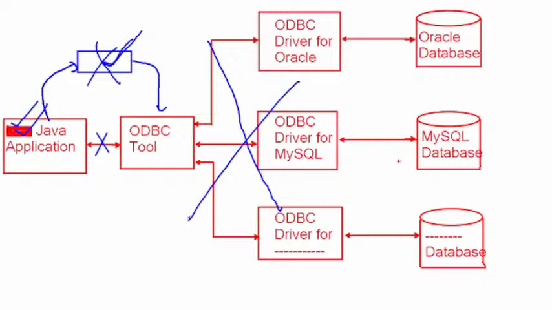New drivers came. First, they developed only a translator, but with the translator it is time consuming. That is the reason a new set of drivers came. That is JDBC, the JDBC drivers.